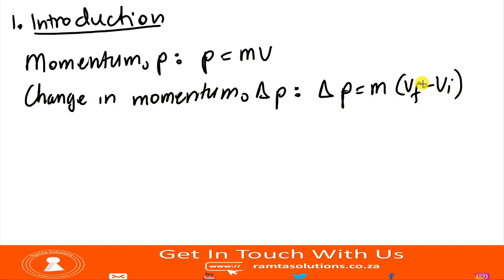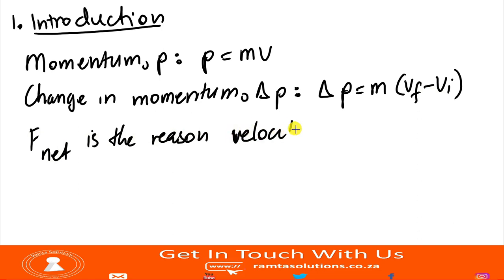So you recall that we said in the previous video that F net is the reason velocity changes, right?